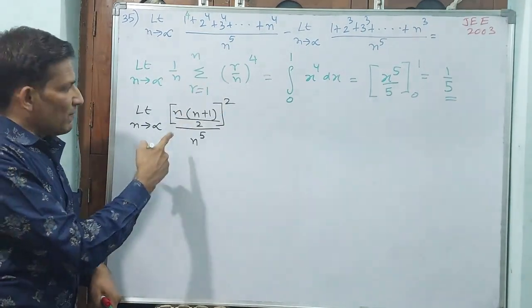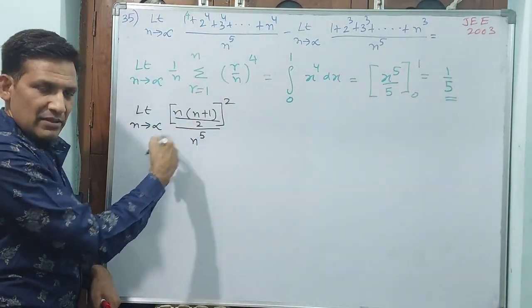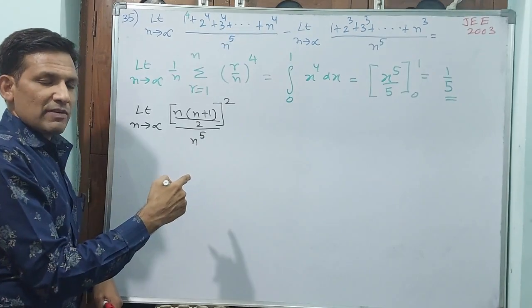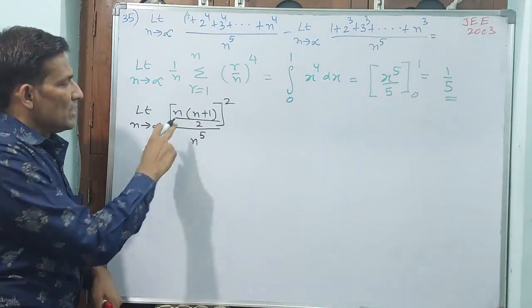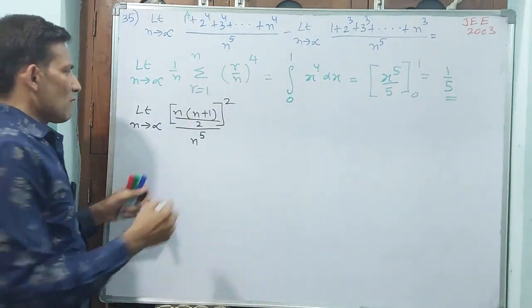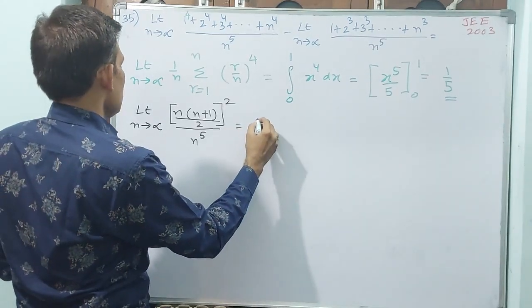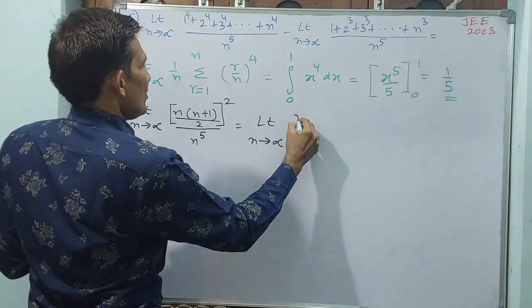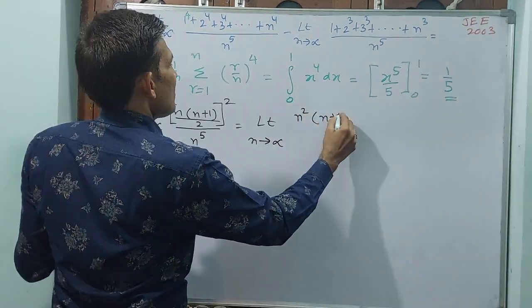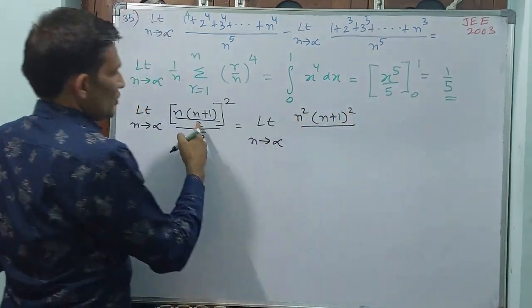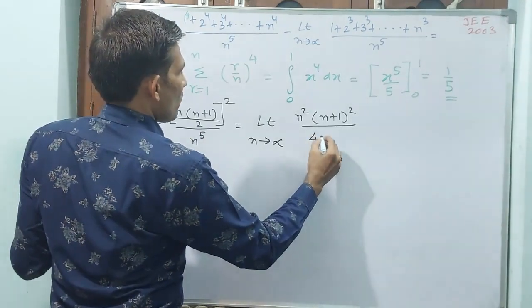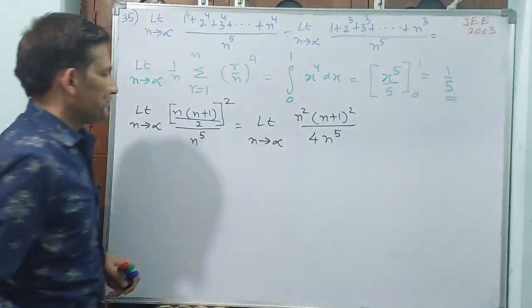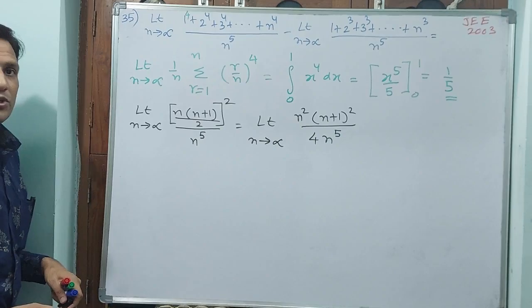For cube, again, for normal number or normal series, 1 plus 2 plus 3. But what will happen is, you see, that is equal to limit n tends to infinity n square into n plus 1 whole square by, see, 2 square means 4, that means 4 n to the power of 5. Is it okay?